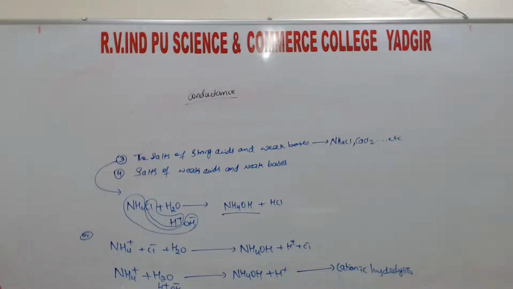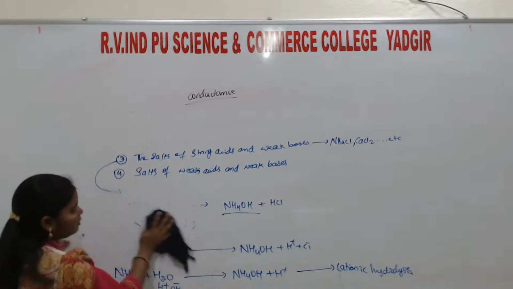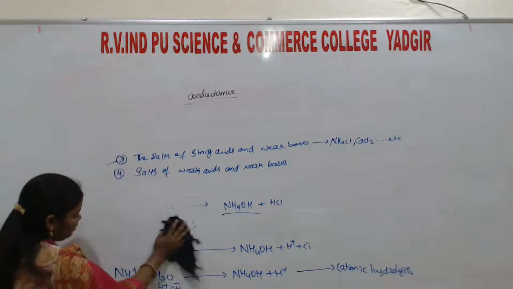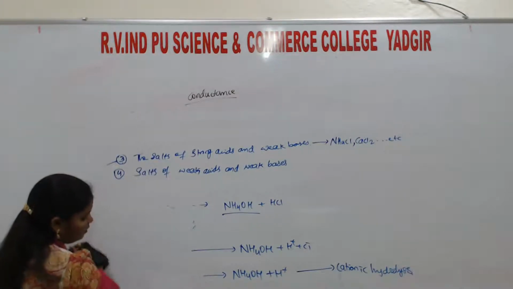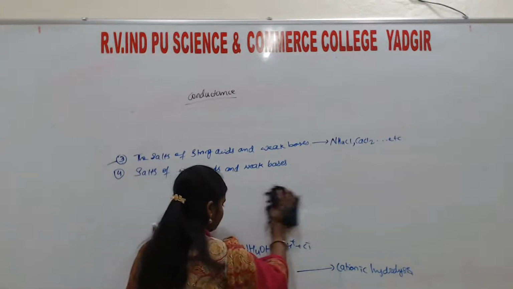Okay, next one, fourth one, the salts of weak acids and weak bases. Here they come under ammonium acetate and ammonium cyanide, and only this comes under this category. Then hydrolysis takes place.